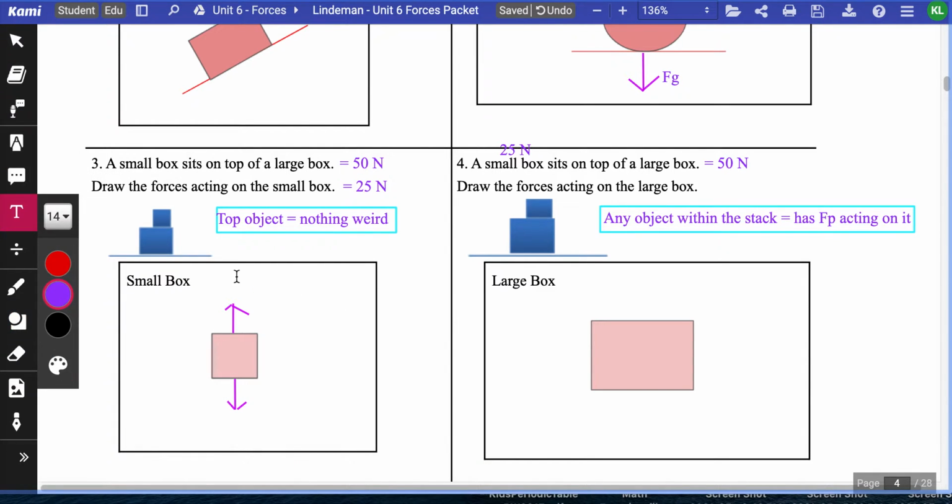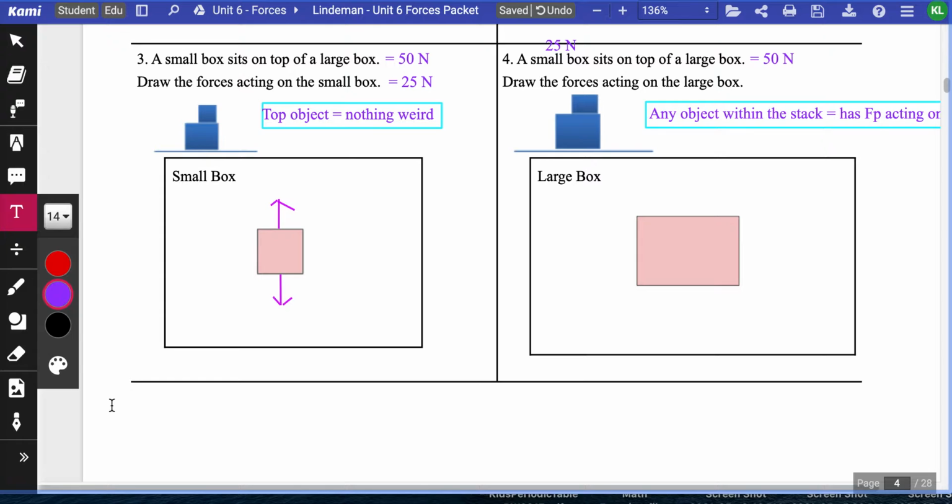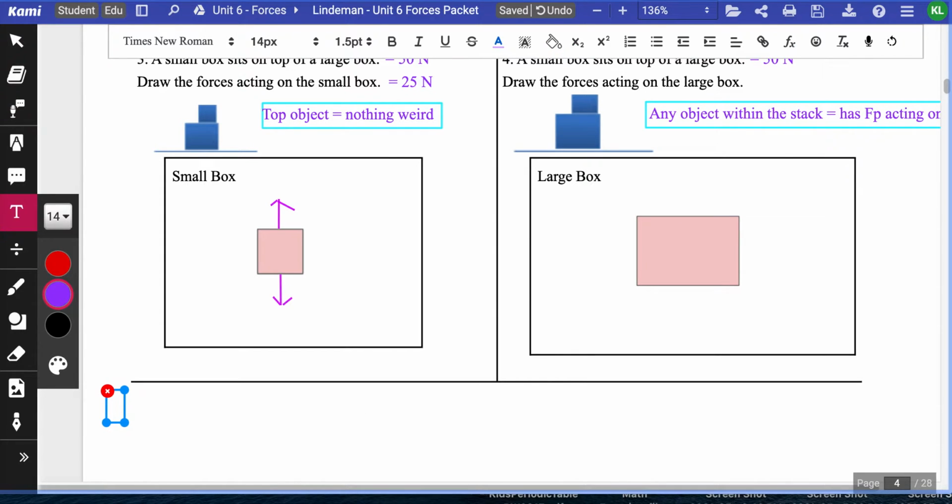So remember, and I can type this off to the side, I guess we have some space down here. Forces that are down or to the left are always going to be negative.